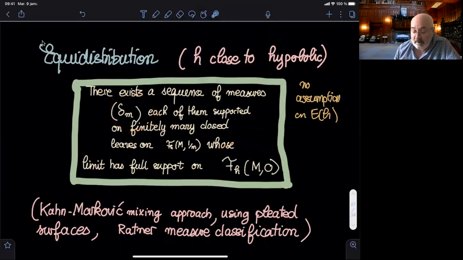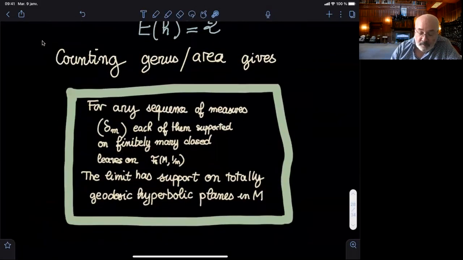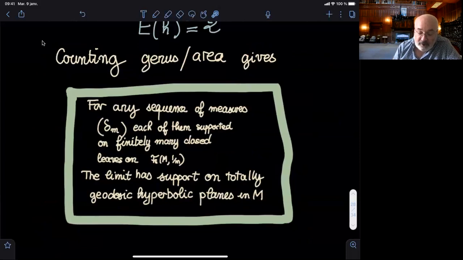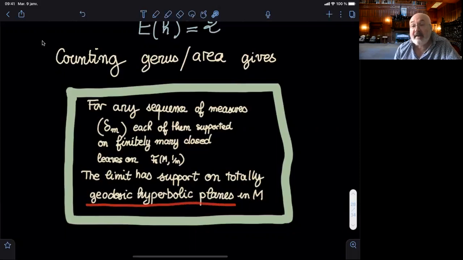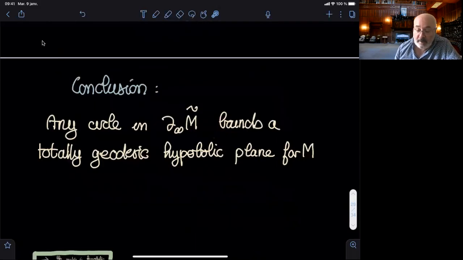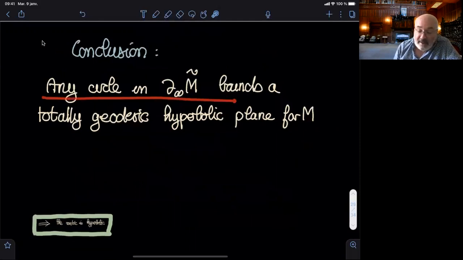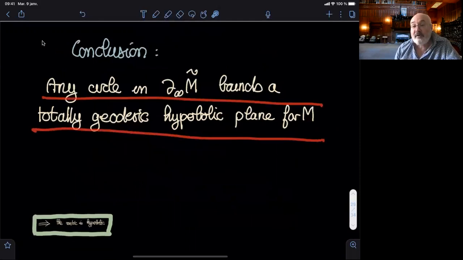But also, because such a measure is supported on totally geodesic hyperplanes in M, meaning that you have totally geodesic planes in M. M has variable curvature, but the planes are hyperbolic. And remember, the curvature of M is less than -1. So it means that any circle in the boundary bounds a totally geodesic hyperplane for M.